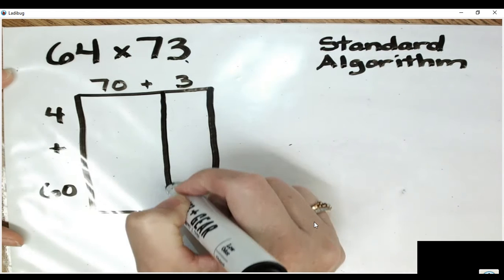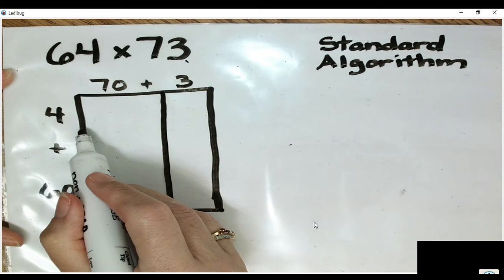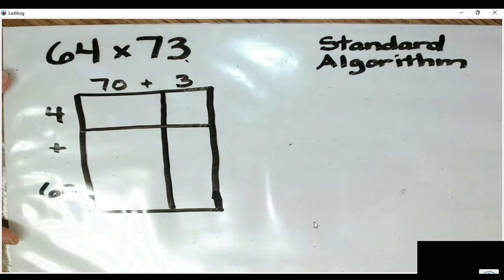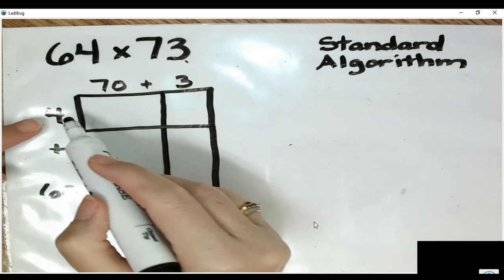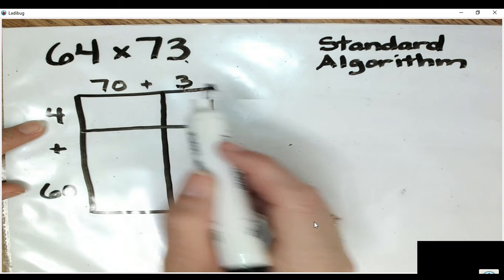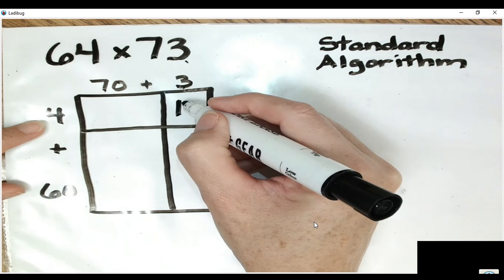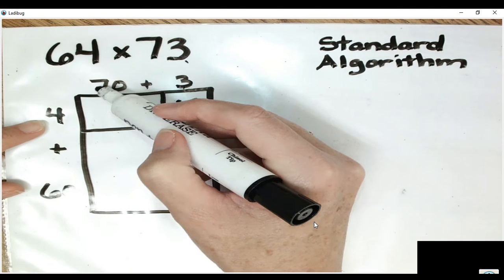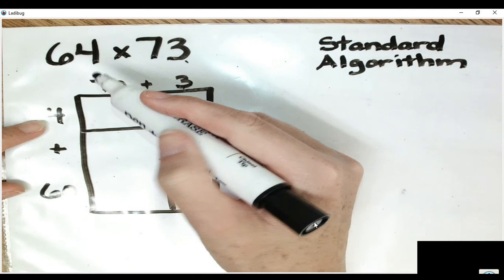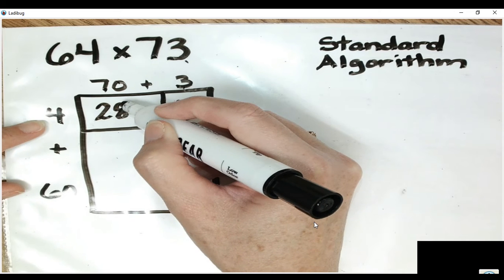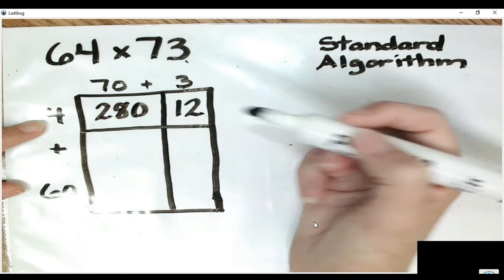And let's go ahead and separate our area model. Okay? Well, let's do some multiplying. Find our partial products. So here we go. 4 times 3 is 12, and we put that product here. 4 times 70, remember 4 times 7 is 28, and then multiply it by 10 to get 280.